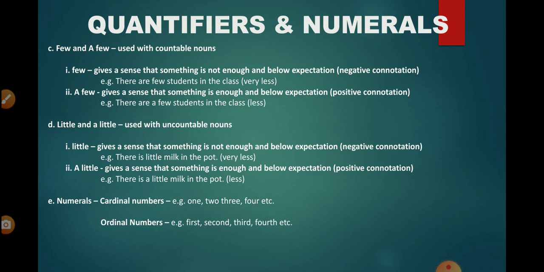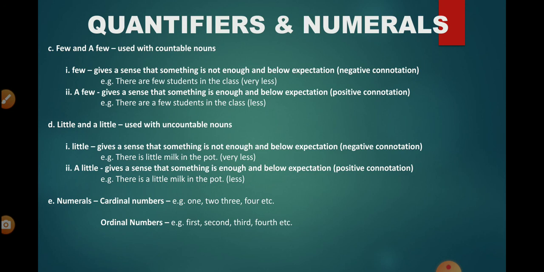And a few and a little are used and give some sense that there is something enough, however below expectations, but something which is enough, and give some positive sense. There are a few students in the class. क्लास में कुछ कम बच्चे हैं, क्लास में कम बच्चे हैं.